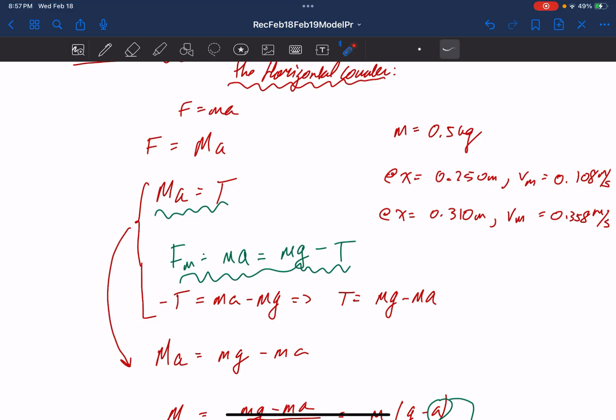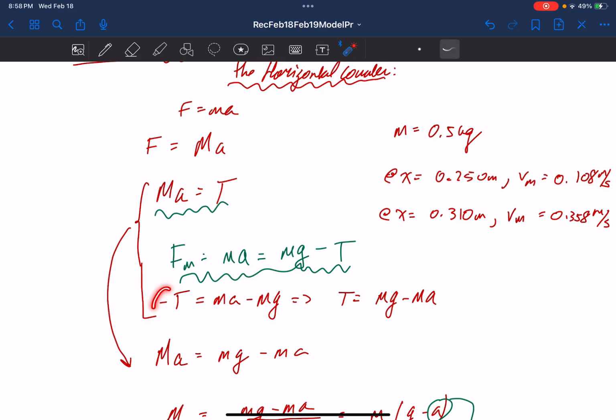So the thing that I'm going to pick to eliminate here is the tension big T, because it appears as a singular variable. It has no constants in front of it. So it seems like the easiest variable to get rid of in this system of equations. In order to do that, I'm going to subtract mass times gravity from both sides of the equation up here.